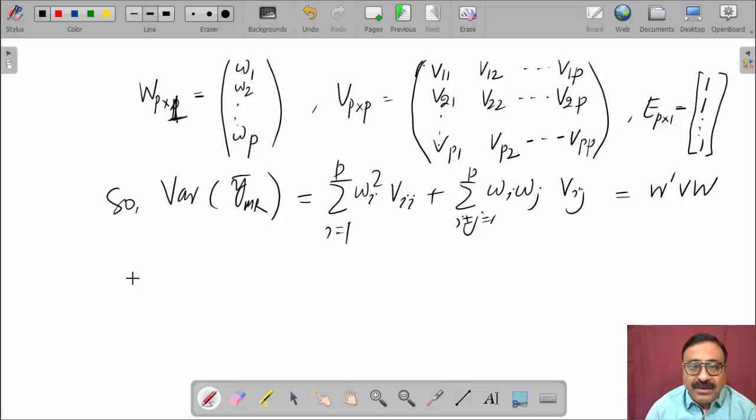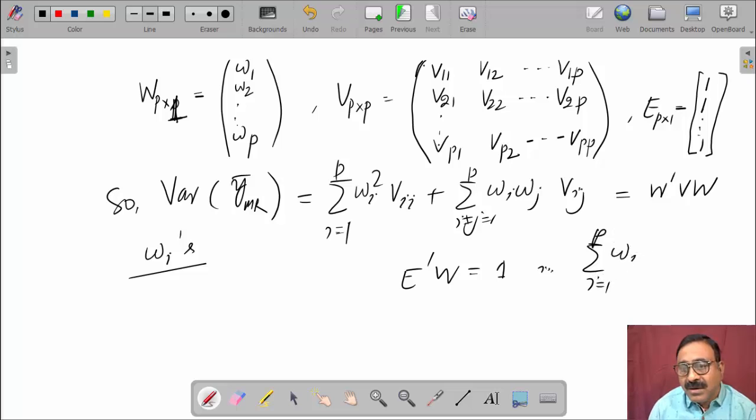Now to determine the weights wi, we minimize this variance subject to the condition E dash w equal to 1, that is summation i equal to 1 to p wi equal to 1.